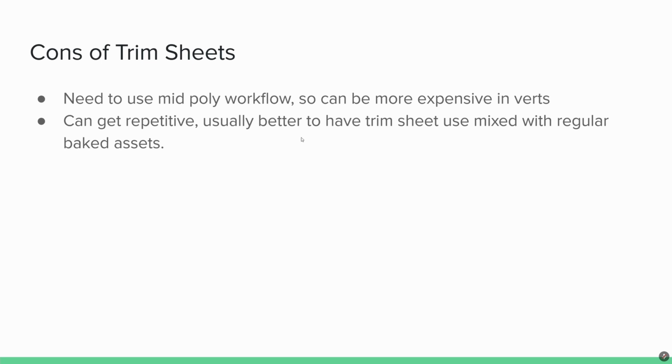You can use different types of tint masking to hide the fact that it is the same trim. Or what I often see is that games will have some baked assets in order to spice things up a little. As with most things, too much of one thing is often not great.